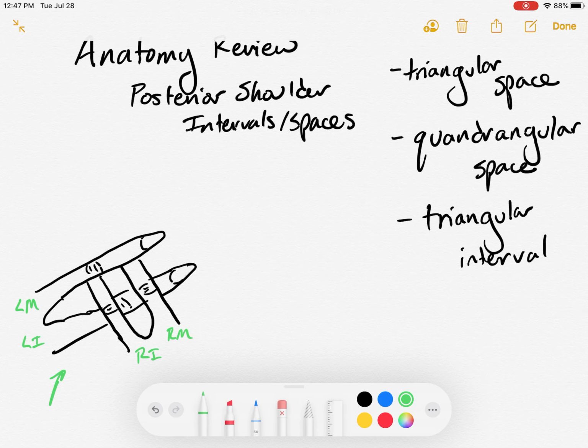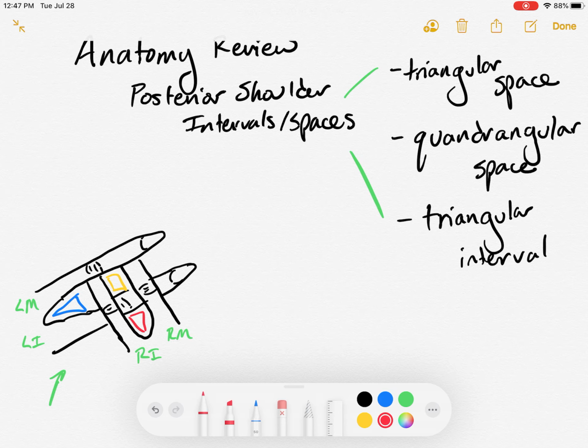And we're going to use this interesting setup with our fingers to remember the borders specifically of the three intervals and spaces that we're discussing today. So the triangular space, I'll actually draw in blue for you here. This represents our triangular space. This box that we've created with our fingers is the quadrangular space, and this other triangle between the fingers of our right hand is the triangular interval.